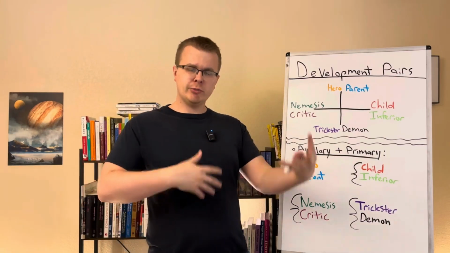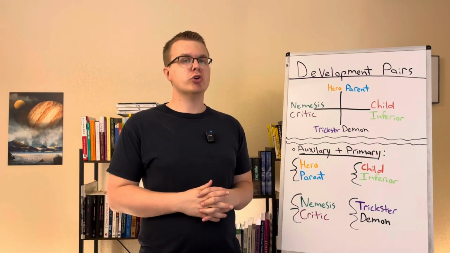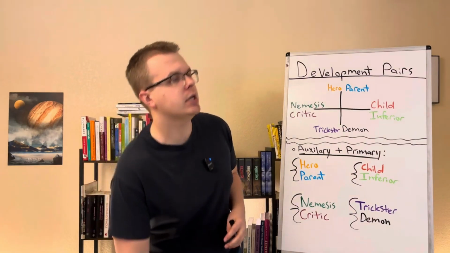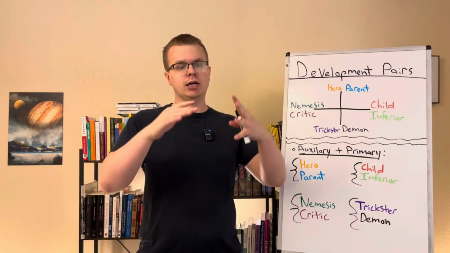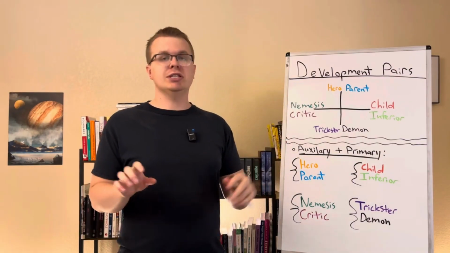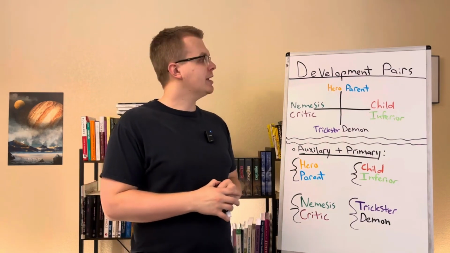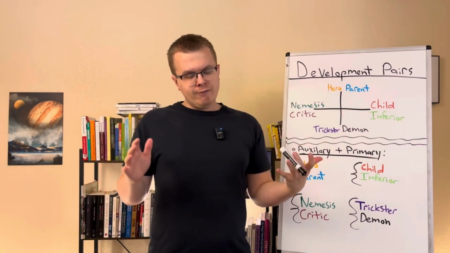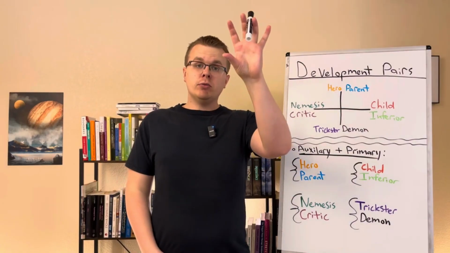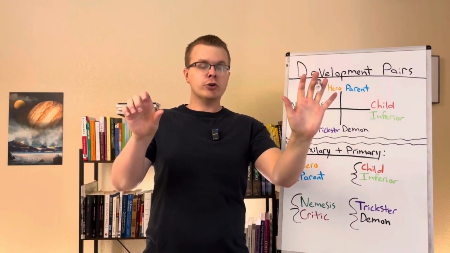Welcome back to the beginning of our series on how we develop as types, how our types grow and change and integrate over time. If you haven't seen the first video where I talk about the functions specifically how they develop, and you're interested in this topic, you should watch that first because this is going to build off of that. I'll link that above. So in that video, we talk about how your hero is going to be shaped either more through the inferior or through the nemesis.